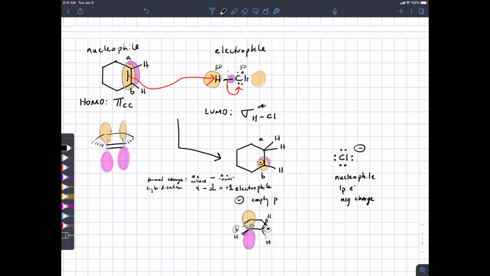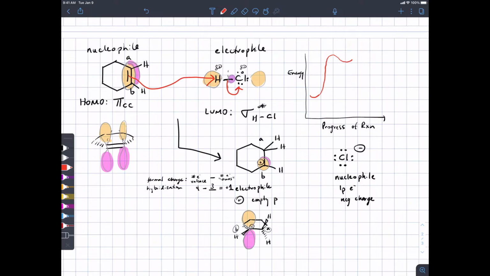Getting to this point, getting to the carbocation, if you were to draw an energy diagram where on this x-axis, I'm going to have some number that represents progress of the reaction. Here's your starting materials, and going to the carbocation would require you to go uphill.